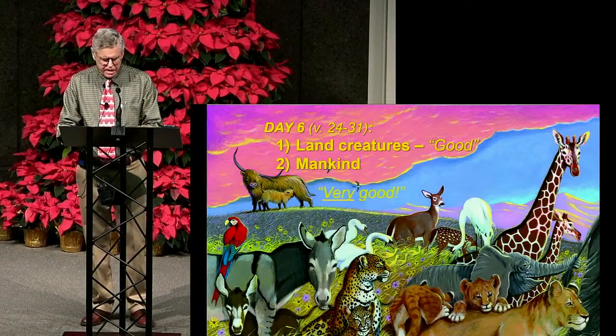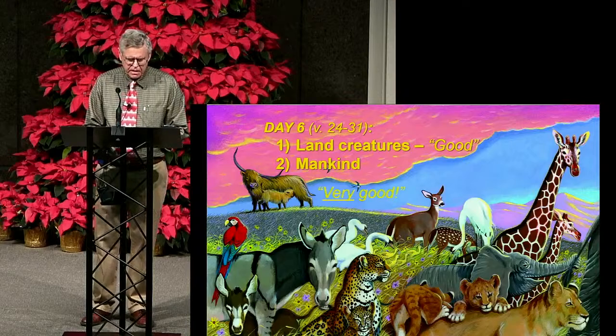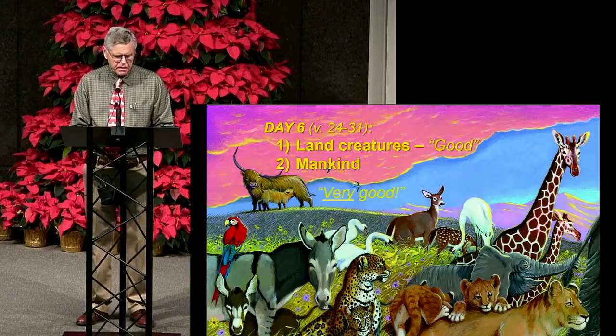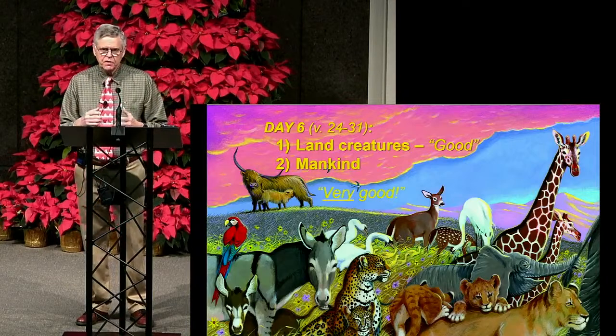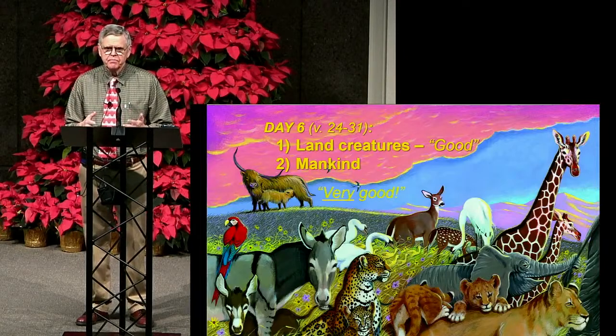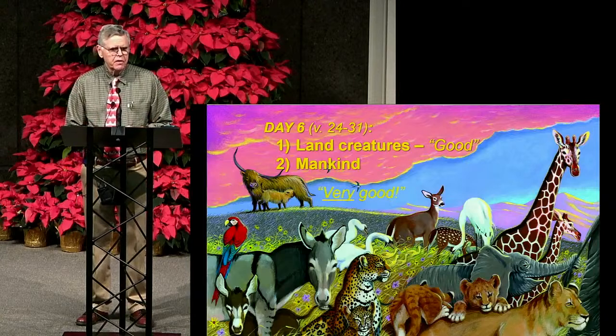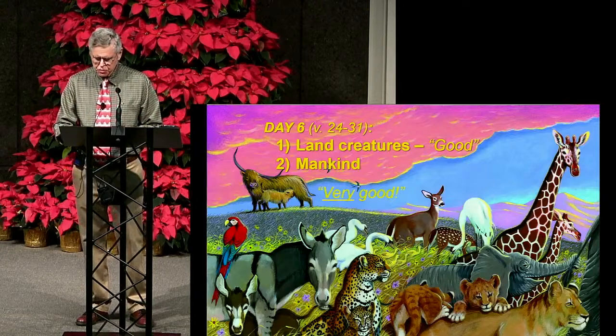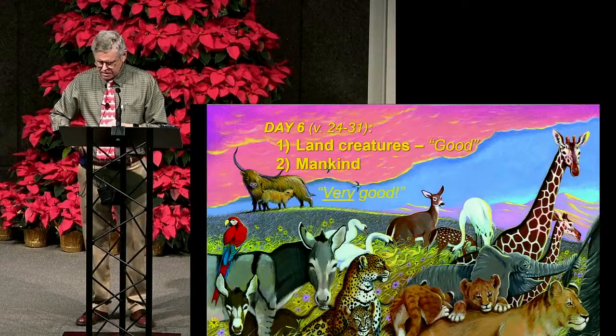And in verse 28, he tells man that he wants them to be fruitful, multiply, and that he puts them in charge of the earth. So he's really addressing man's stewardship of the planet.